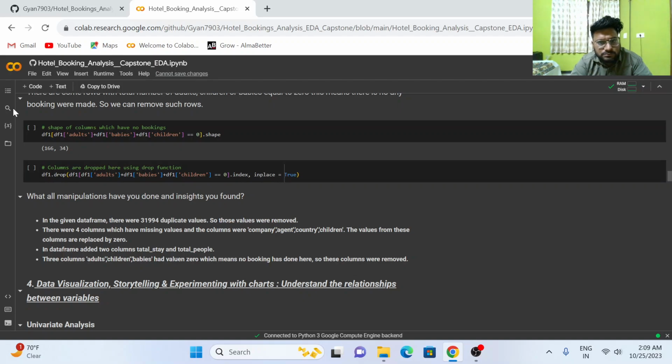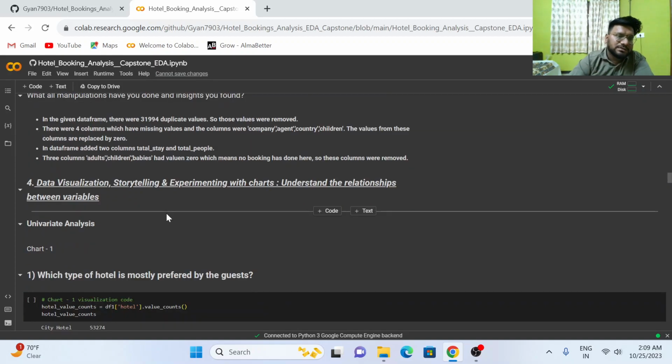The values from these columns were replaced by 0, and in the data frame we added 2 new columns, total stays and total people. Rows where adults, children and babies all had value 0, which means no booking was done there, we have removed also.